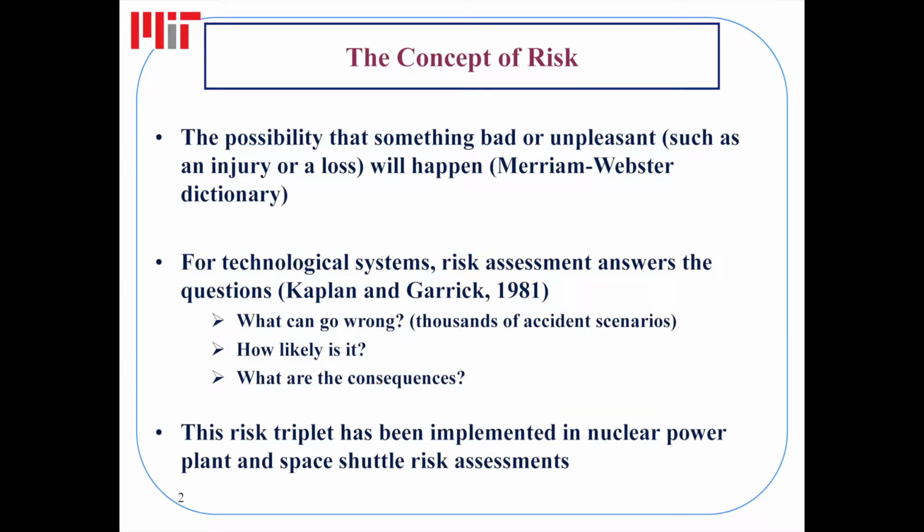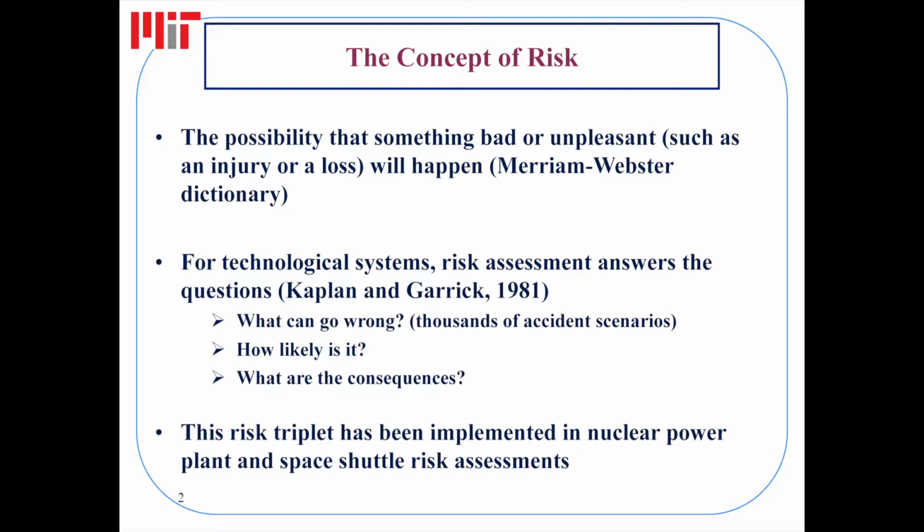Now, the concept of risk. These are the three questions we are answering in risk assessment. You have a technological system, you want to know what can go wrong, what kind of off-normal situations may develop. And we are looking at nuclear power plants at thousands of accident sequences as opposed to the standard regulatory approach.